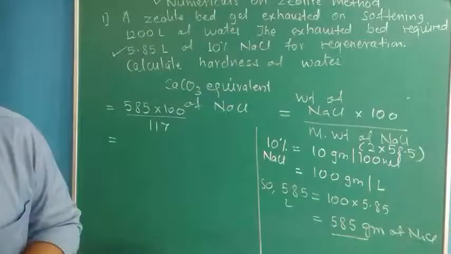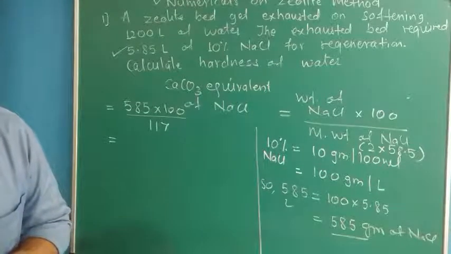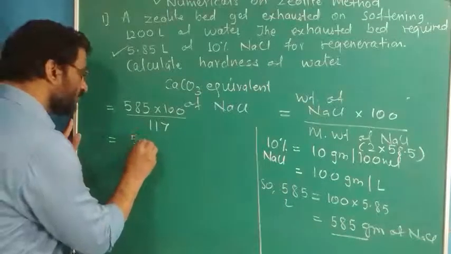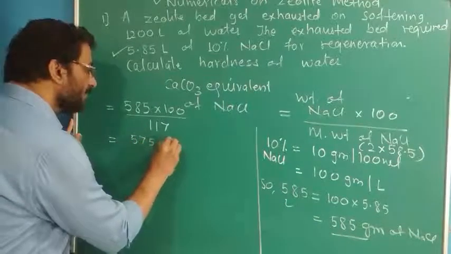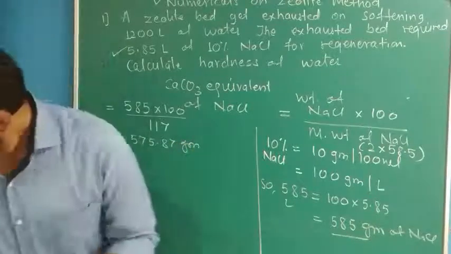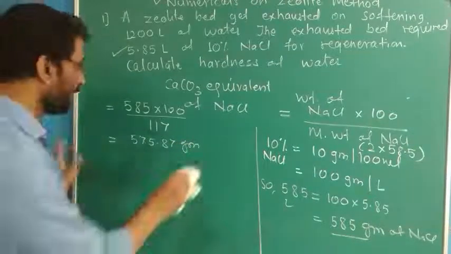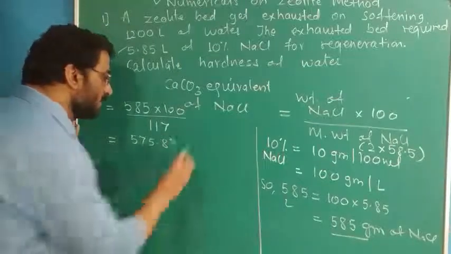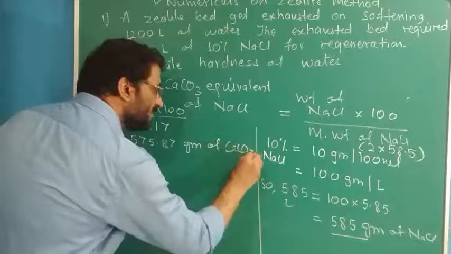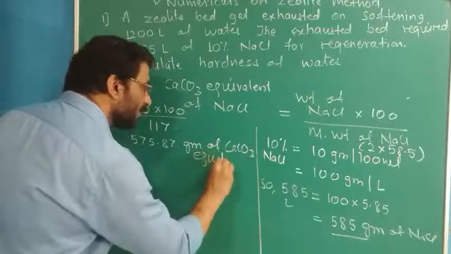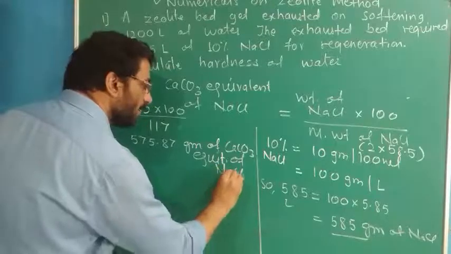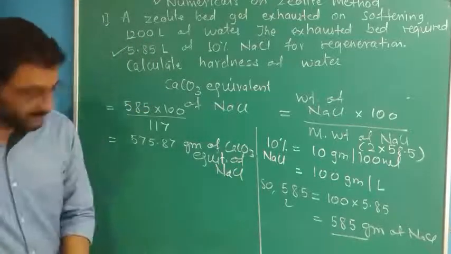How much is it? It is 575.87 grams. It will be grams of CaCO3 equivalent of NaCl.